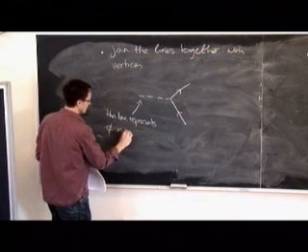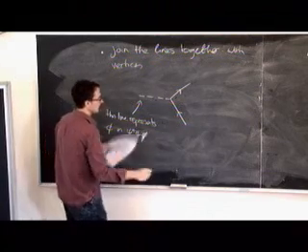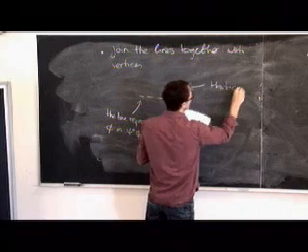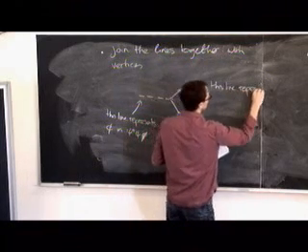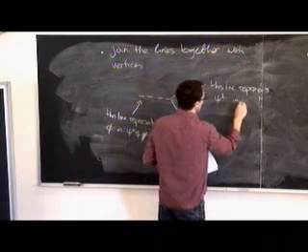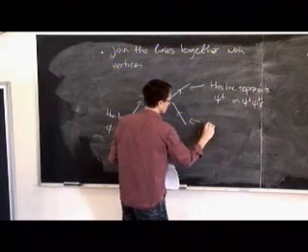So this line represents phi in the interaction. This line represents psi dagger in the interaction, and this line represents psi.